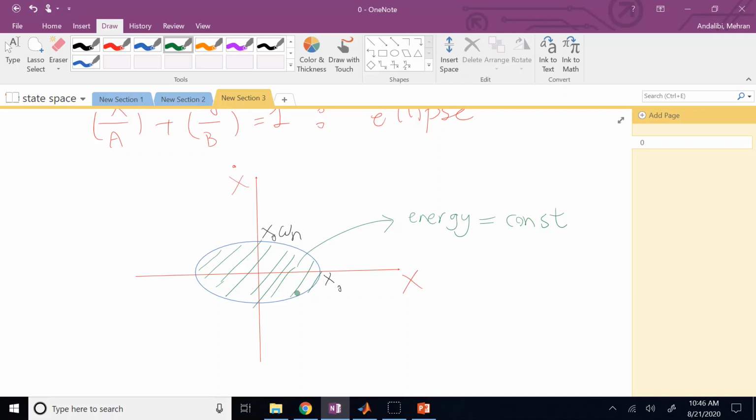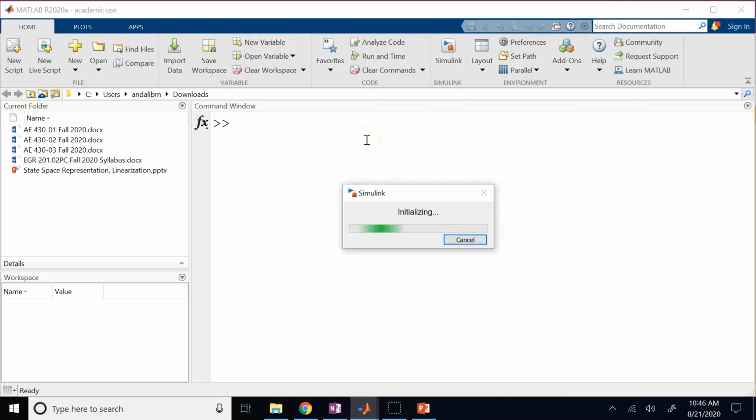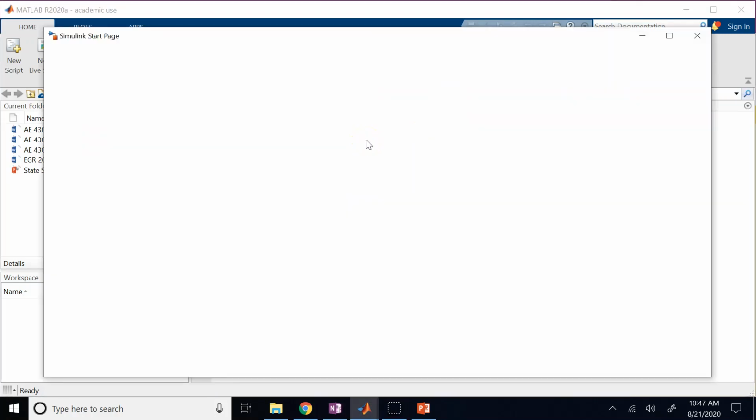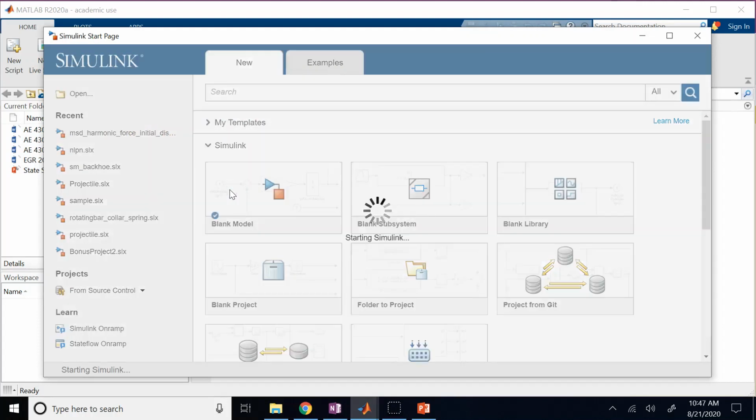It's completely meaningful, right? So let me do that very fast just so that we have a small practice on Simulink as well one more time. I'm going to simulate mx double dot plus kx equals 0 for you, subjected to 2 initial conditions, and then plot x dot versus x so that you see the behavior of the system.